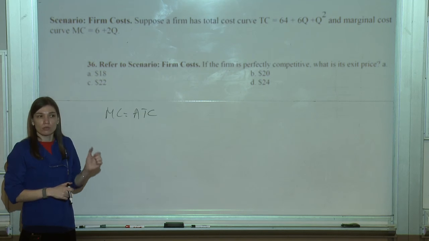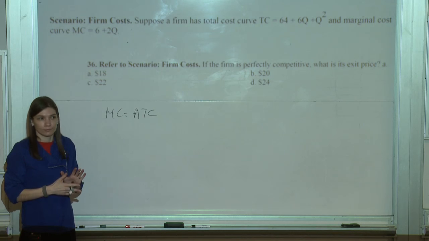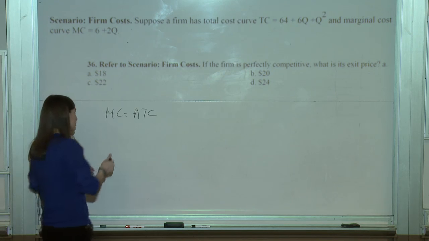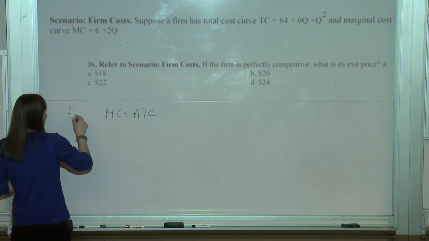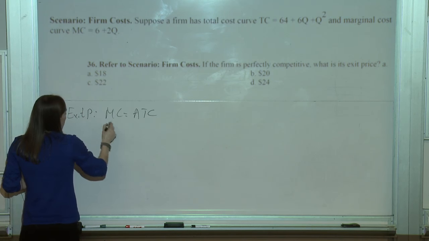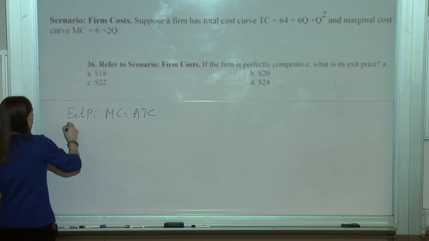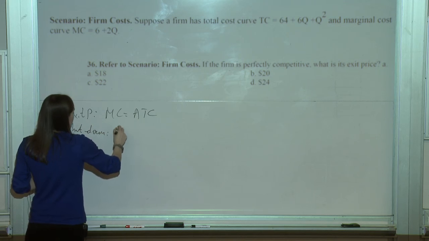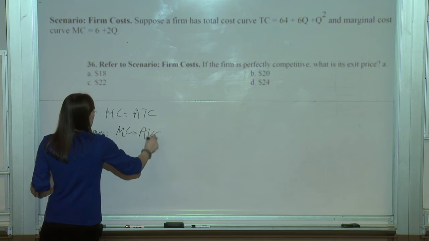It was where marginal cost equals... the shutdown price is where marginal cost equals what? Average variable cost. Keep those straight, guys. Exit price is where marginal cost equals average total cost, and then shutdown is where marginal cost equals average variable cost.